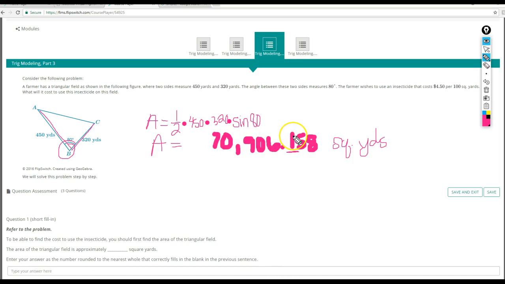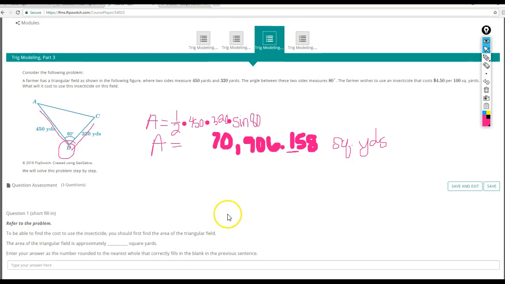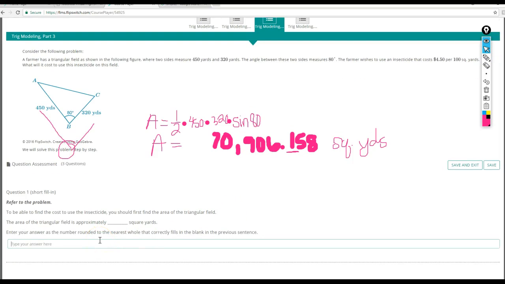Since this one is below 5, that means 70,906.1 is closer to 70,906 than it is to 70,907. So we are going to type it in as 70,906.